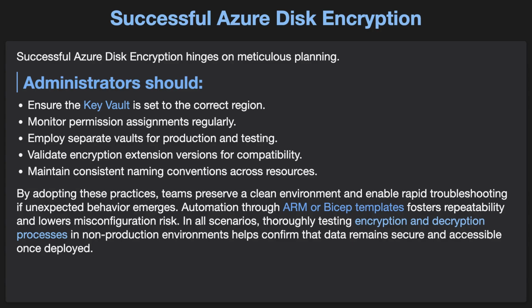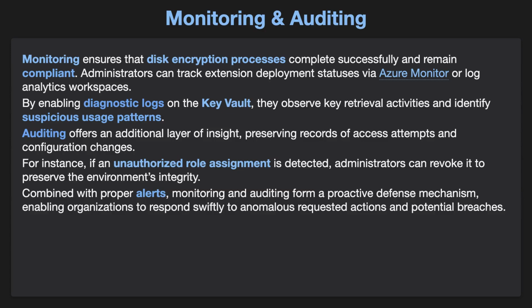In all scenarios, thoroughly testing encryption and decryption processes in non-production environments helps confirm that data remains secure and accessible once deployed. Monitoring ensures that disk encryption processes complete successfully and remain compliant. Administrators can track extension deployment statuses via Azure Monitor or Log Analytics workspaces. By enabling diagnostic logs on the Key Vault, they observe key retrieval activities and identify suspicious usage patterns.